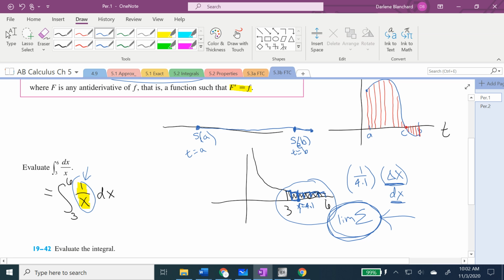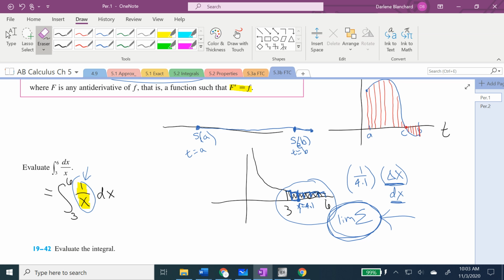And we use derivatives. We're actually using derivative formulas to help us solve this definite integral instead of using area. So we're using a shortcut, is what this ultimately comes down to.